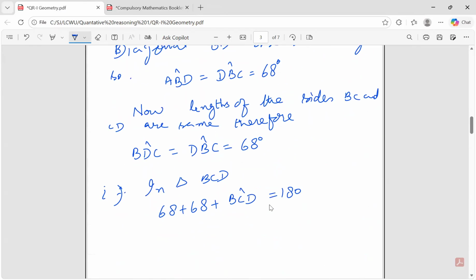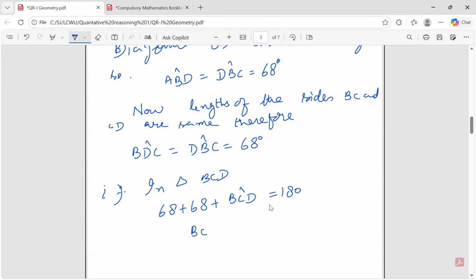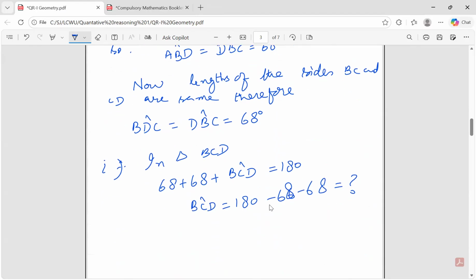And from here, angle BCD is equal to 180 minus 68 minus 68. Compute it by yourself.